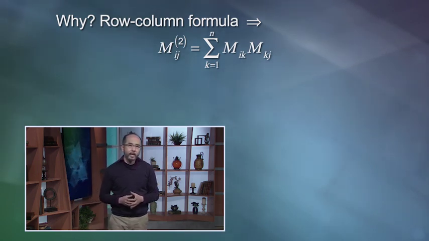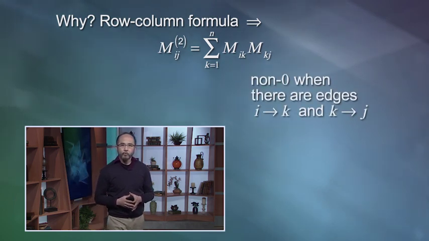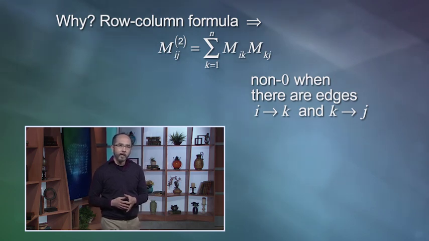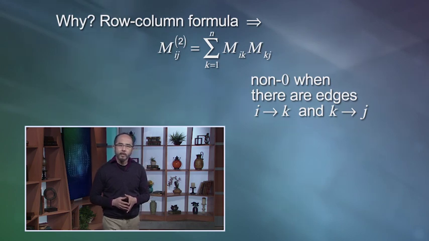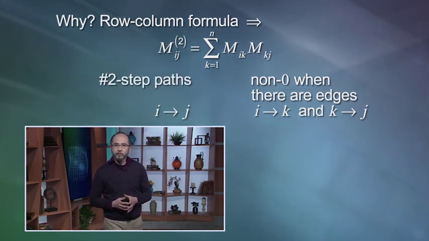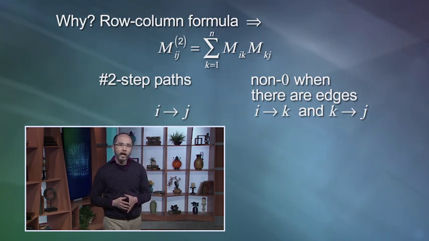Notice that this product is only non-zero when there exists an edge from i to k and one from k to j. And in that case, the product is 1. So this sum counts the total number of paths of length 2 that go between i and j.